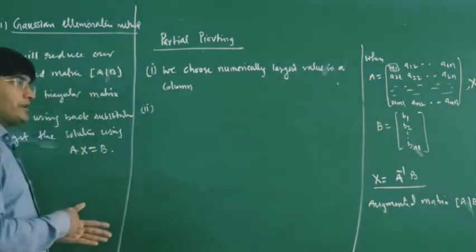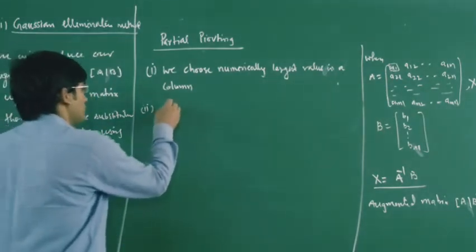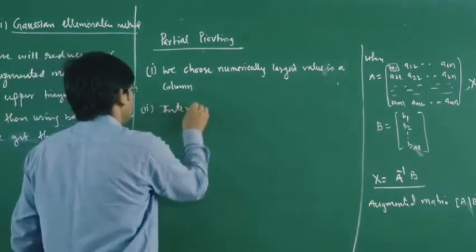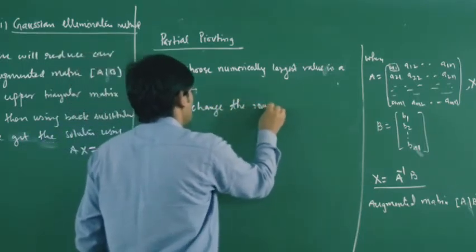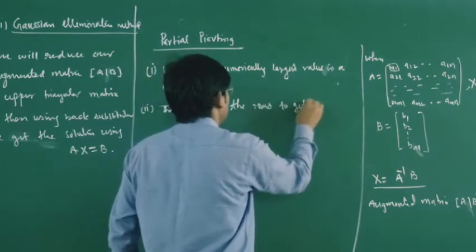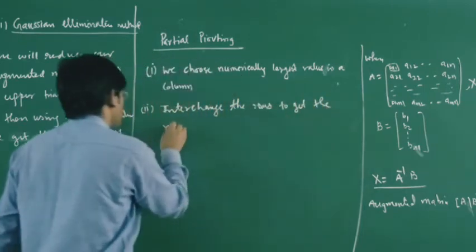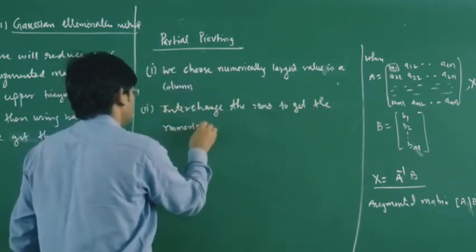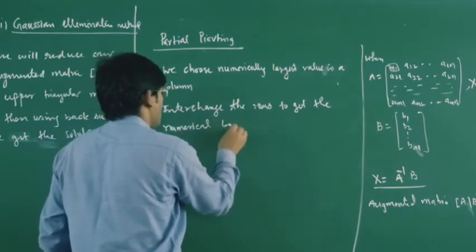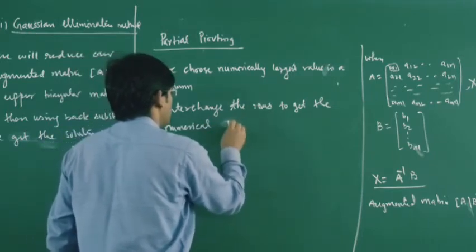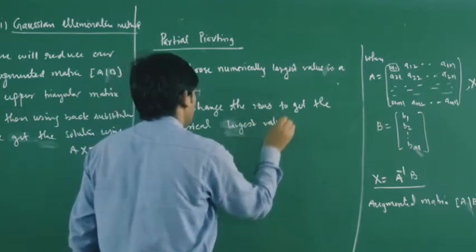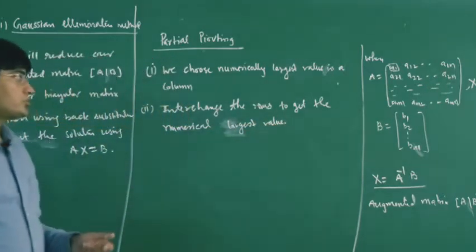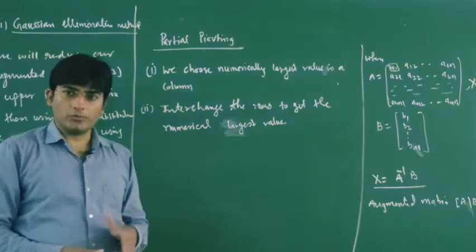If it is not the numerically largest value, interchange the rows to get the numerically largest value. So interchange the rows to get the numerically largest value.